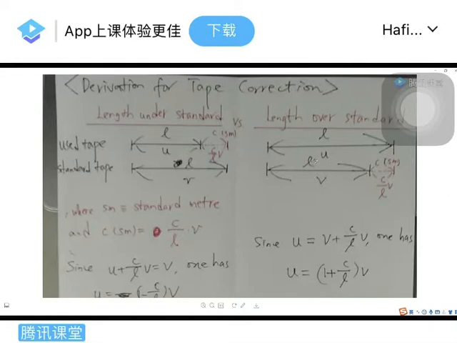I use this tap to measure the difference. This C is in the standard meters. I mean, standard meters means using the standard tap to measure distance. So the distance you get is C. So how much is C in physical U?